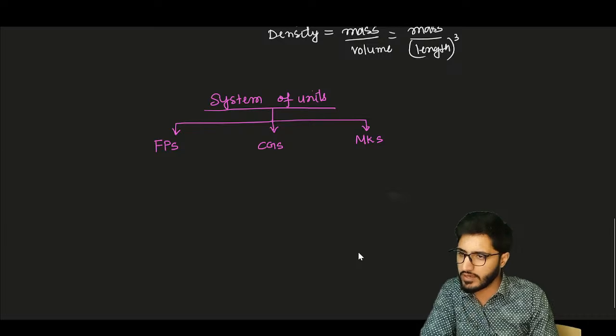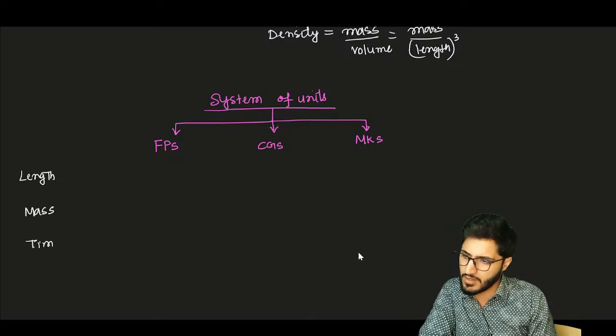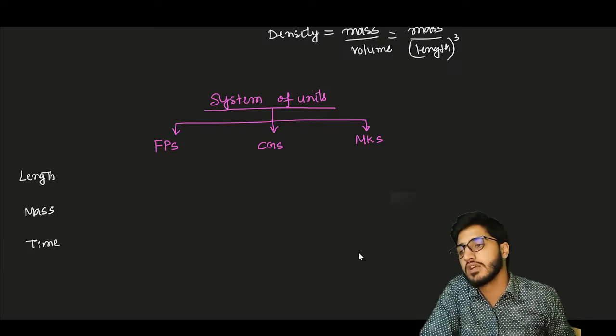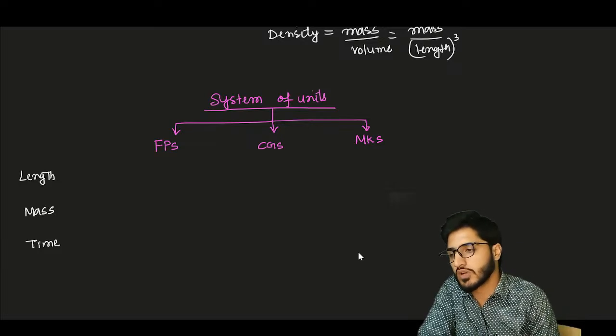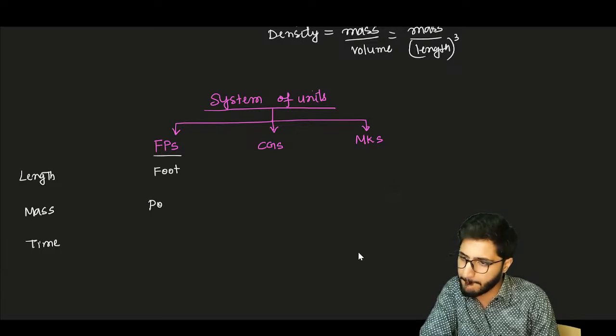So what were we measuring? Length, mass, time. These three quantities were measured using these systems. In FPS, for length we have foot, mass pound, time second.